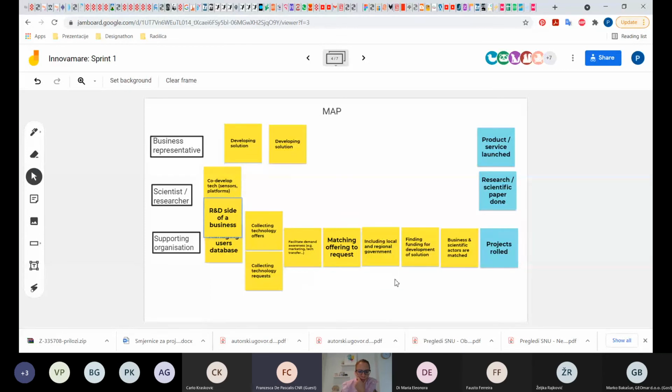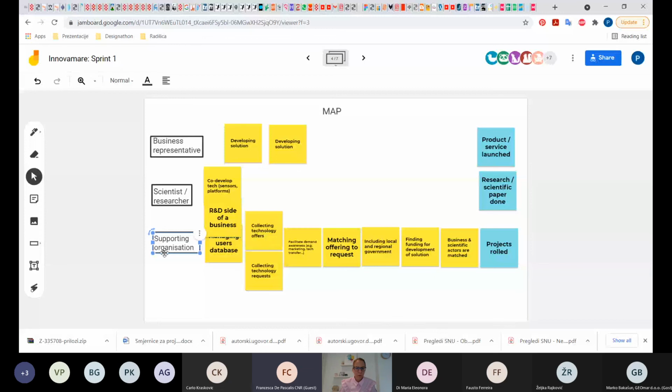Because in the first case, we can use the technology to address, for example, some environmental problems, and then using this technology, we can reach the goal to have a scientific paper on the environmental challenge.